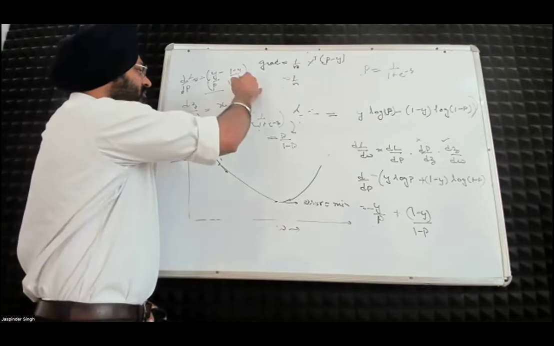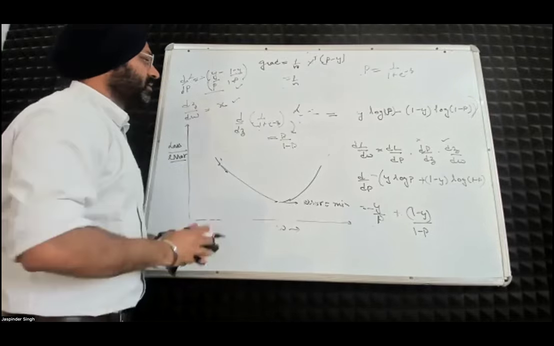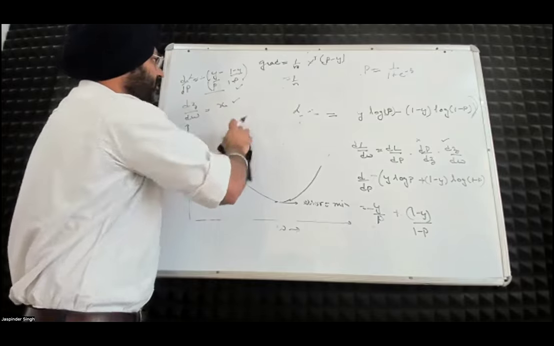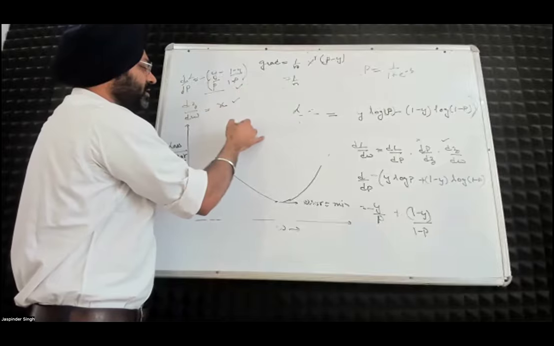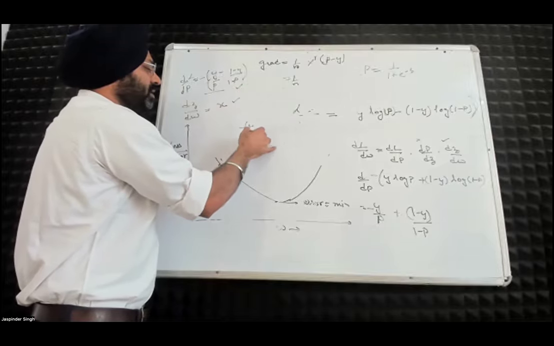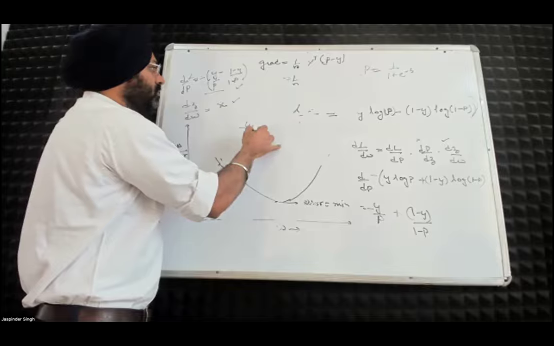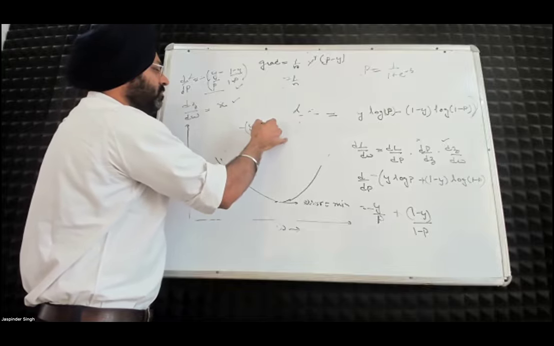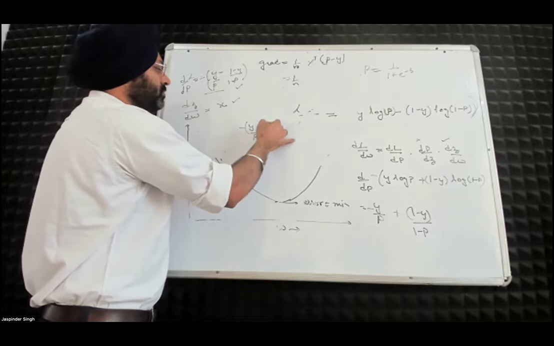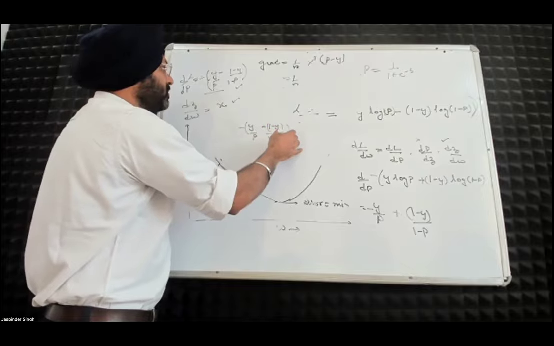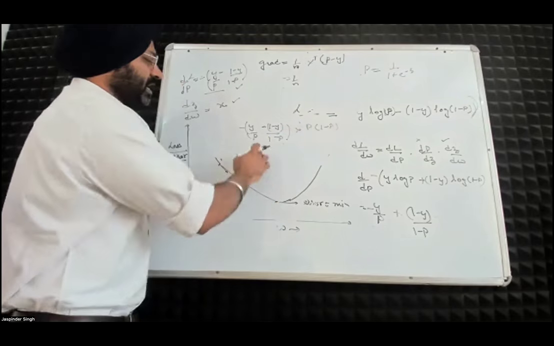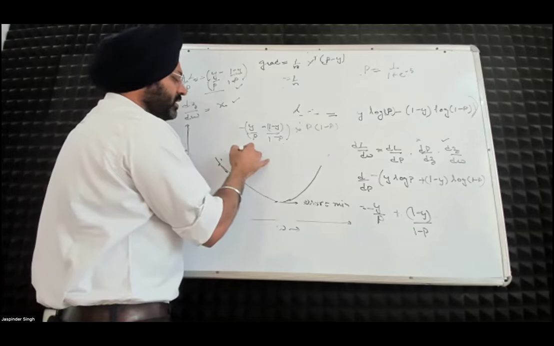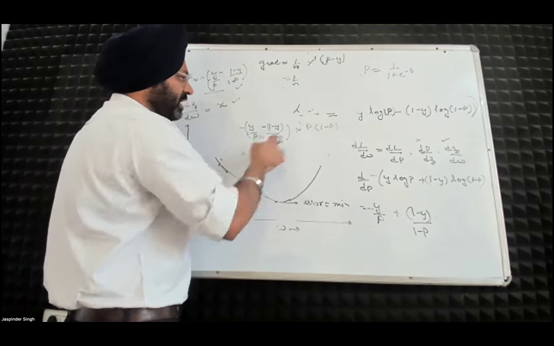So we have the first term, the third term, and the second term. Let's try to combine all three of them. Let's first combine first and second. That is minus y divided by p, plus 1 minus y divided by 1 minus p, into p into 1 minus p. If I take this as the common denominator, then it will be p into 1 minus p, which will cancel with this.